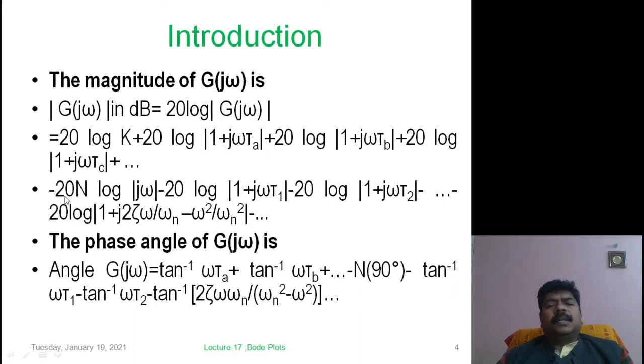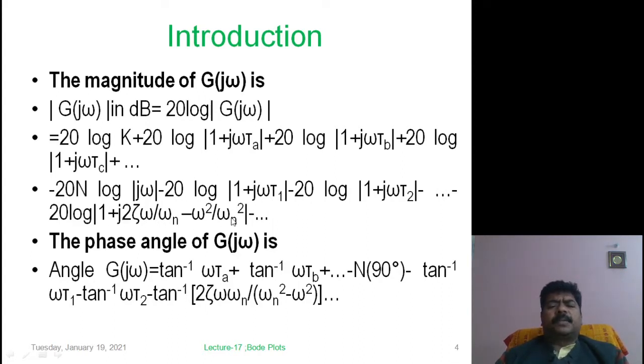Similarly, in the denominator, the first factor is (jω) to the power n, which can be written as minus 20 n log jω. Then the next factor is minus 20 log magnitude of 1 plus jωT1.